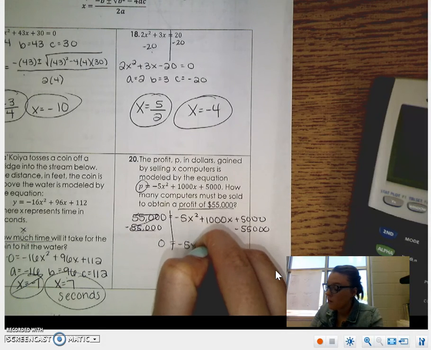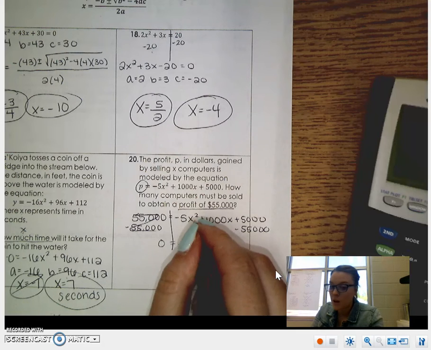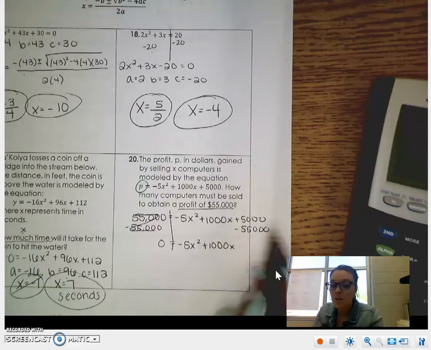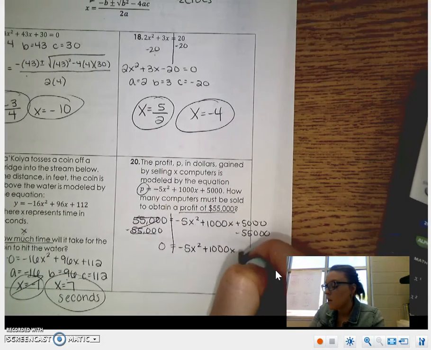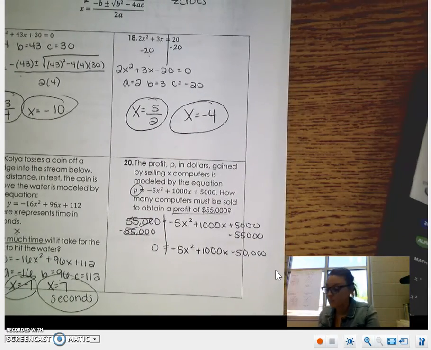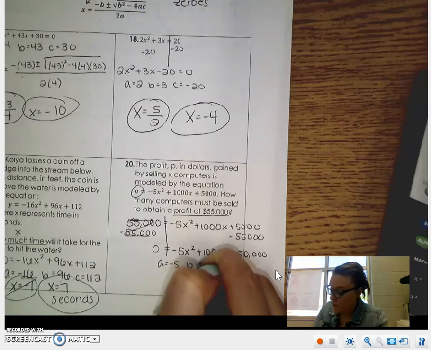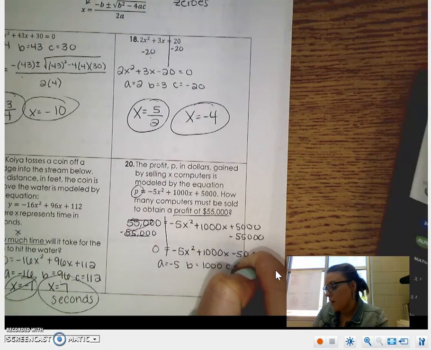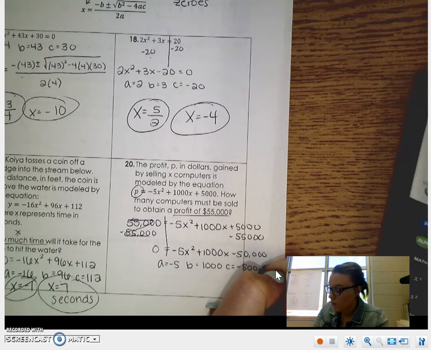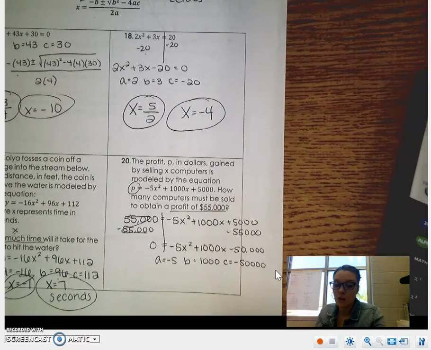So I would have negative 5x squared plus 1000x, none of that changed, and then 5,000 minus 55,000 is negative 50,000. So now I have my a value of negative 5, my b value of 1,000, and my c value of negative 50,000, and I could plug this into the quadratic formula.